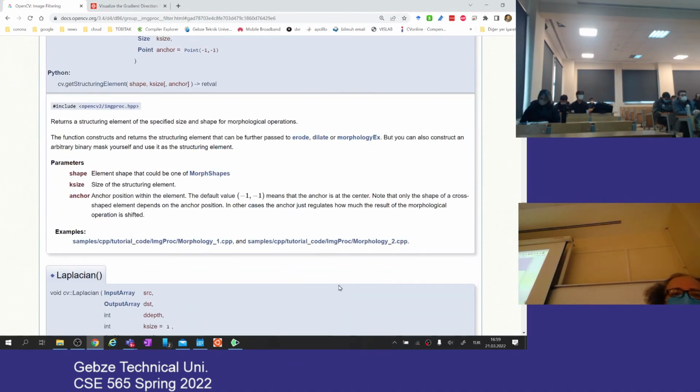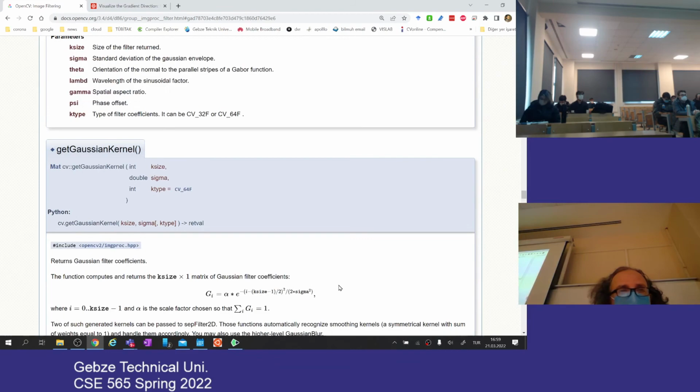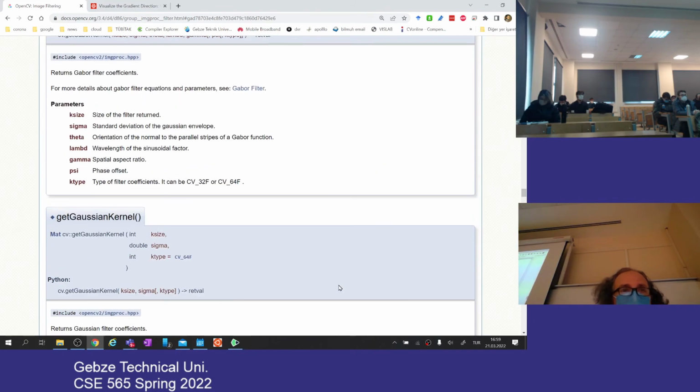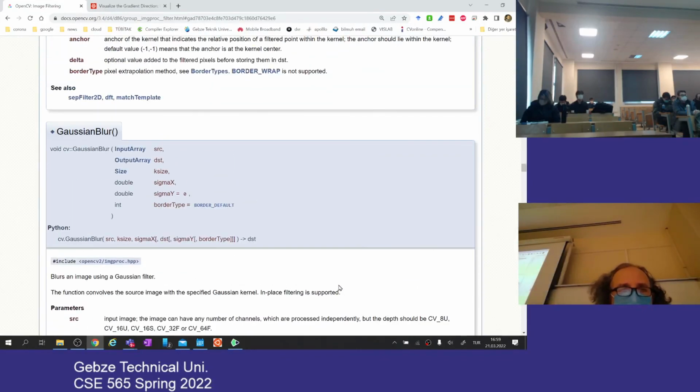That's going to give you a filter, and you can apply that filter using the filter convolution techniques that we learned using OpenCV last week. Okay, so good. So you read the OpenCV documentation.